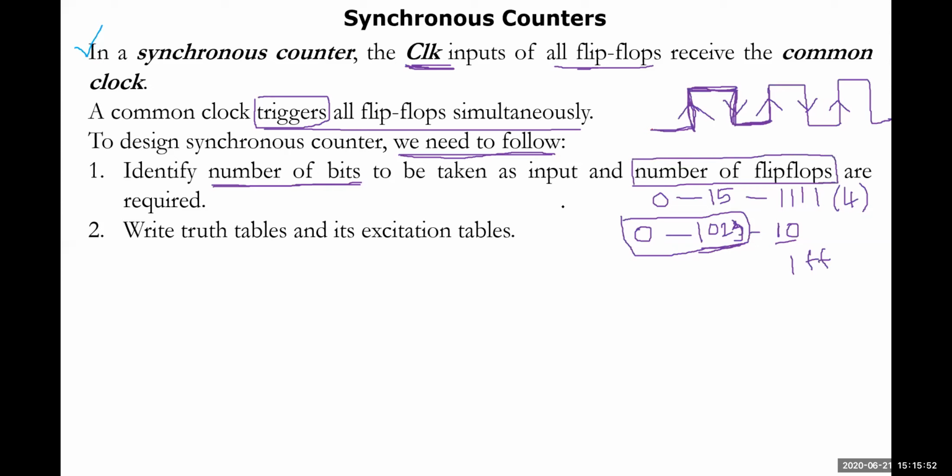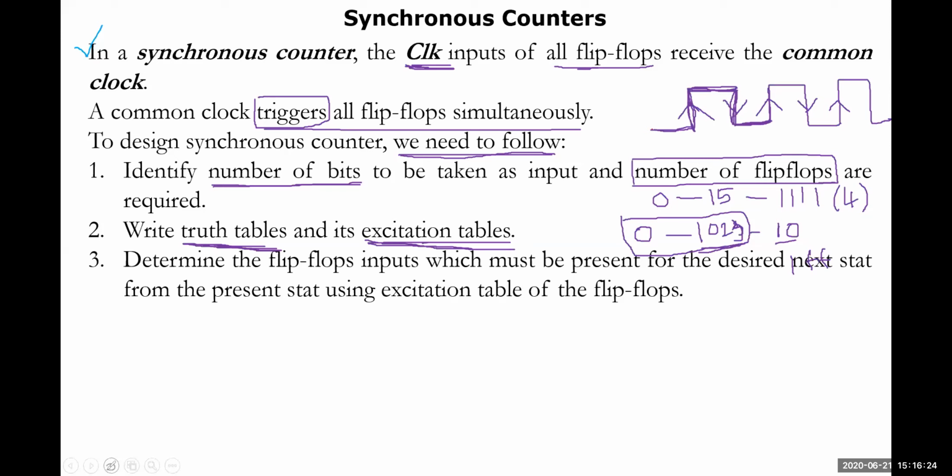Based on the flip-flops with which you are going to implement the synchronous counter, you need to write its truth table, and at the same time the excitation table must also be taken into consideration. Let me give you what an excitation table is today. You have never come across this excitation table so far, so I'll give it to you today.